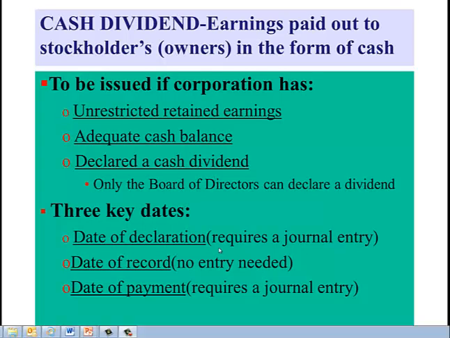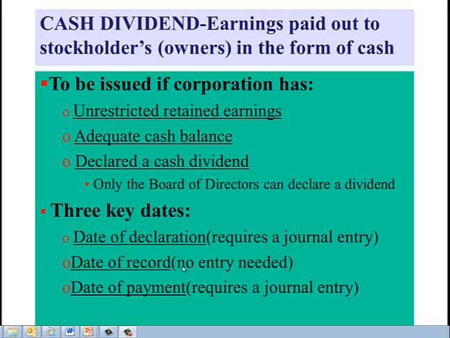There are 3 important dates related to dividends. The first one is the date of declaration, because on the date that the board of directors declares the dividend, the company becomes liable for that dividend to the stockholders. So a journal entry has to be made for the liability. Then there's the date of record.